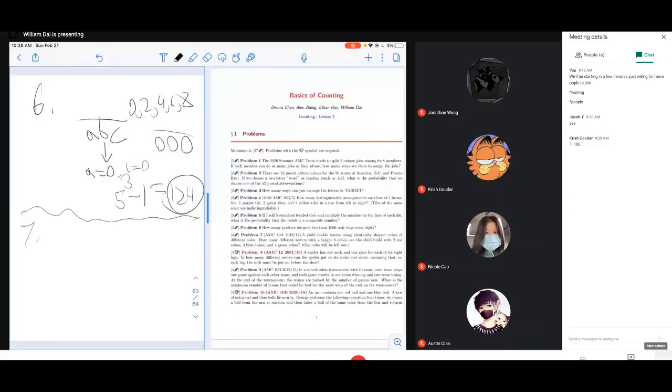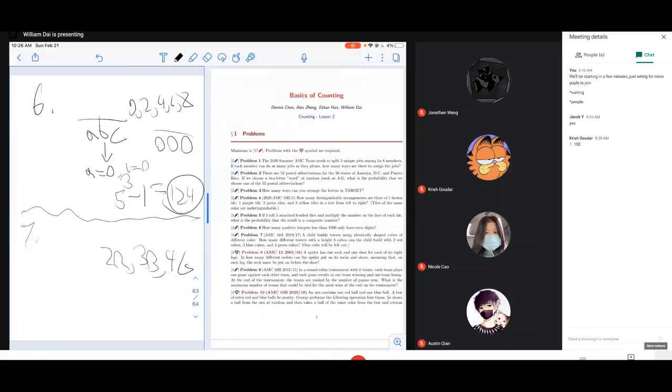Okay, I'm assuming you guys have mostly solved it. So we have two reds, three blues, and four greens.